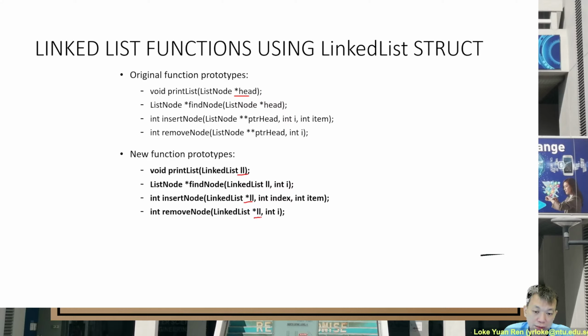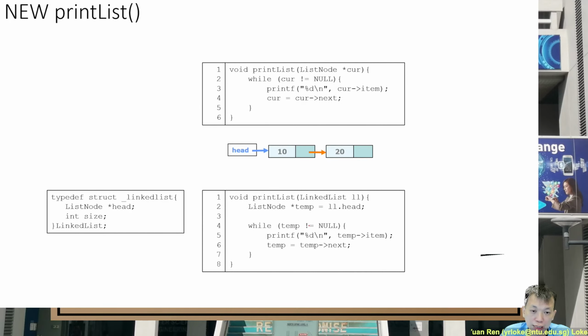So in the lab, I also let you try to rewrite the program. Originally, this is the one I gave you in the earlier slide. If you introduce the new structure, that is the function. It's almost exactly the same.